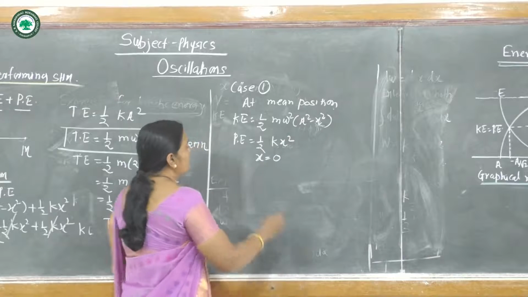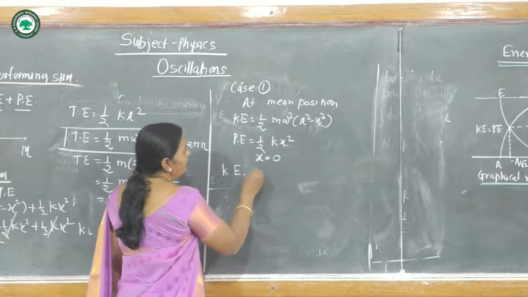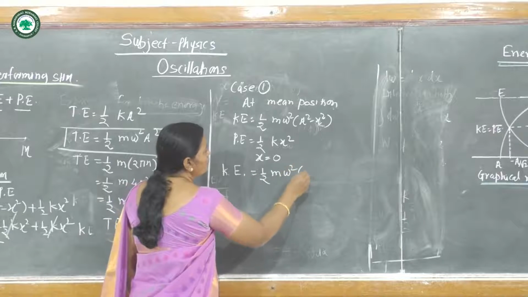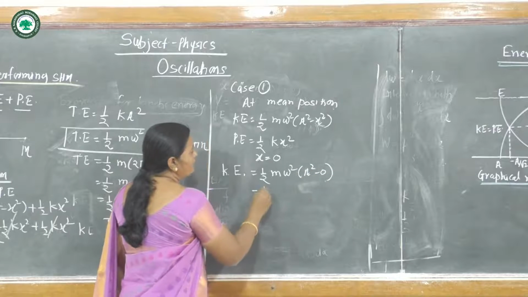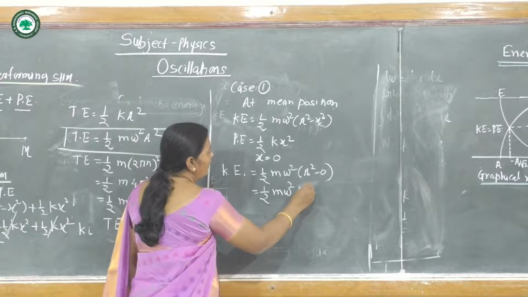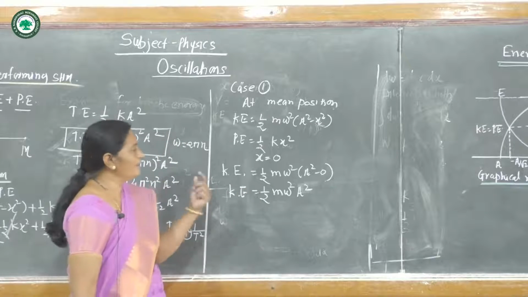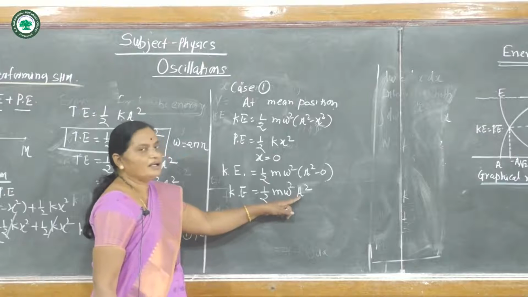Substituting the value, we get kinetic energy = 1/2 m omega square (a square minus 0). It becomes 1/2 m omega square a square. That is, kinetic energy is equal to 1/2 m omega square a square.